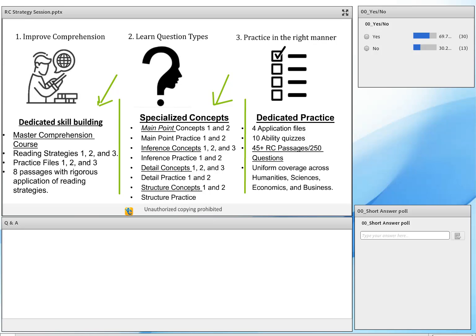Right, so essentially, with uniform coverage across all the genres of the passages, and with the great analytics that come about, as you go through this in Scholar Rhenium, you will see, am I not able to answer main point questions in humanities passages, or in, let's say, science related passages?